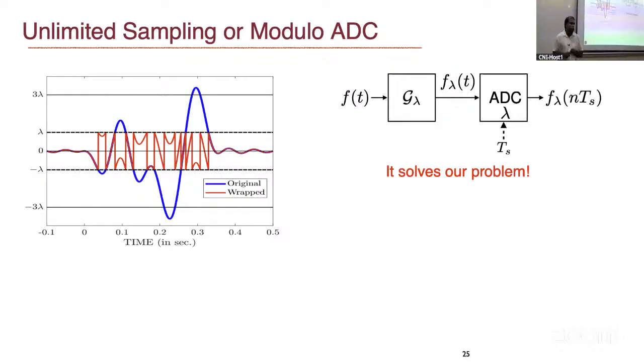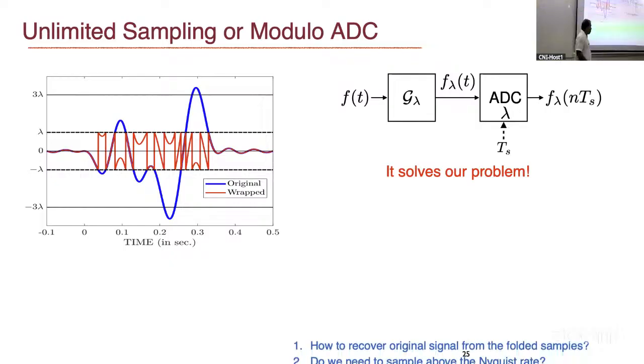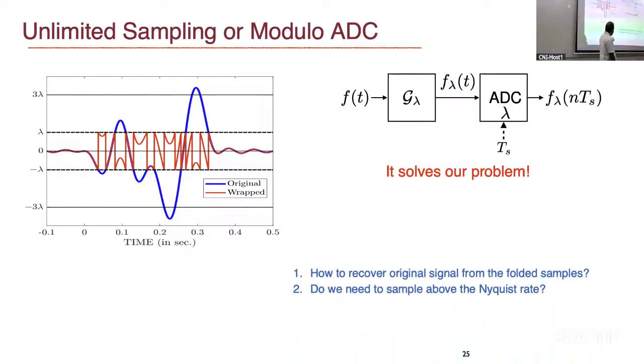Now, another question: after sampling, can we do reconstruction? That's where the difficulty lies, as you suggested. Okay. We can sample. We are not throwing away any information. We did sampling and we got everything. Now, the question is how to recover the original signal from the folded samples. So first question, can we recover the unfolded samples themselves? If I have unfolded, clean samples like in magenta, I know that I can get back the original signal.